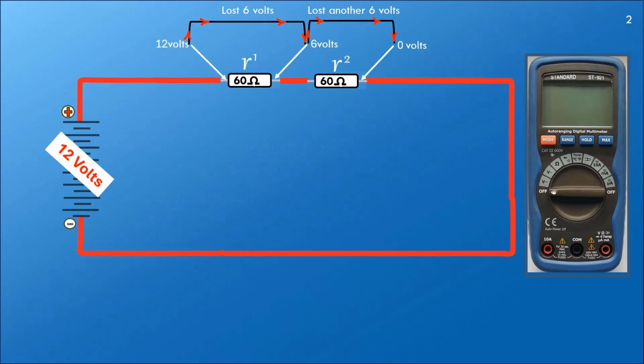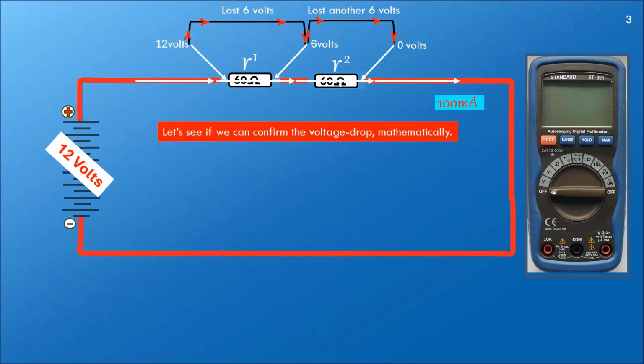We worked it out previously, so we know that the current flowing through this circuit at the moment is 100 milliamps. And we also know that that current is flowing through both resistors. Let's see if we can confirm the voltage drop mathematically.